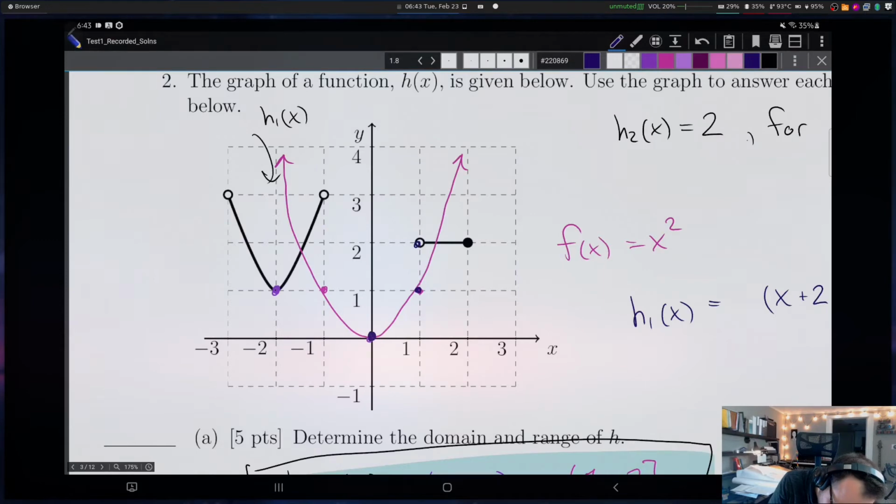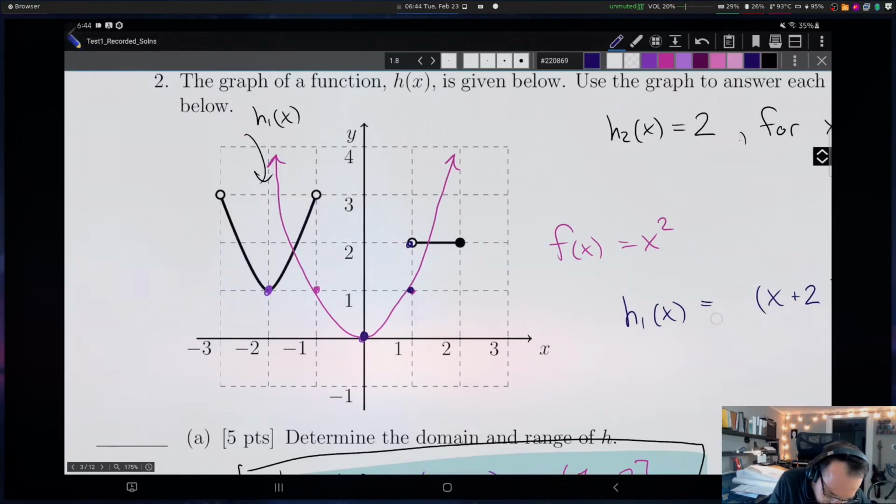So the special point would now be going over 1 and up 2. And that matches what's happening here, going over 1 and up 2. And then I would get another point on the graph up there. When you're just writing the functions, you don't have to worry that this is an open circle, for example. You can just imagine that this function is defined everywhere. And then later on, we'll tell the reader how to restrict the domain.